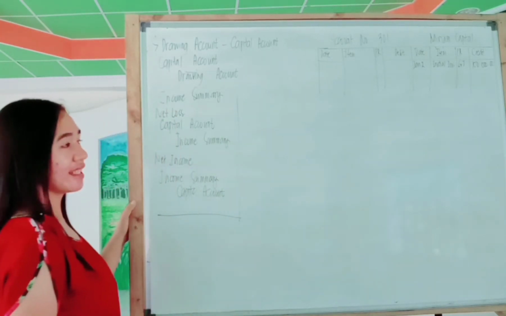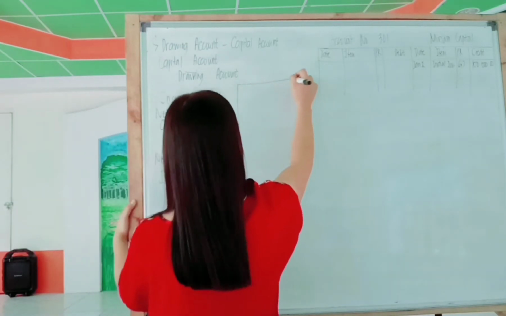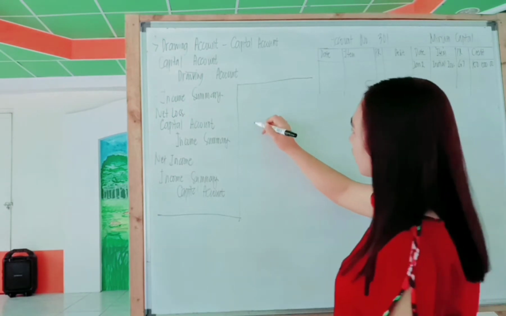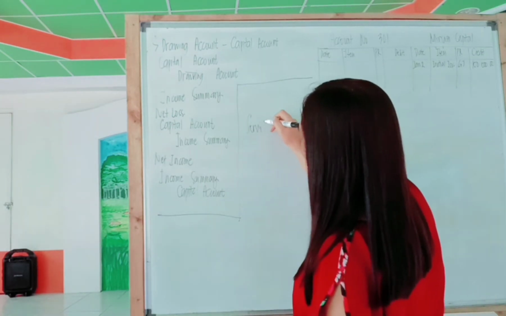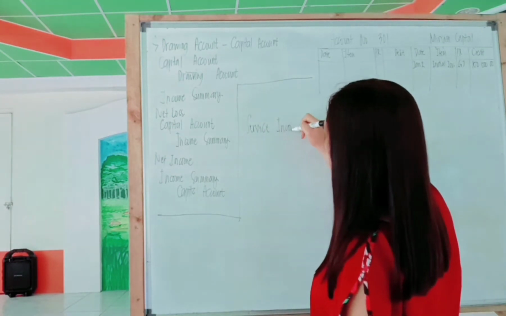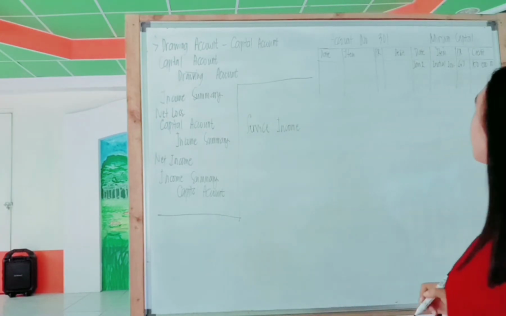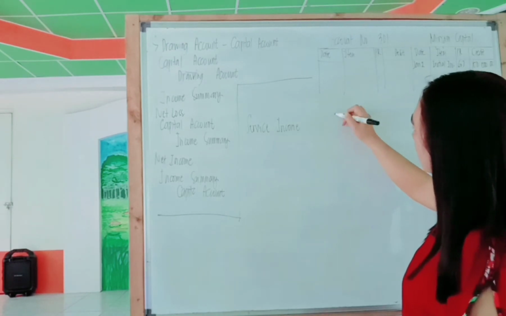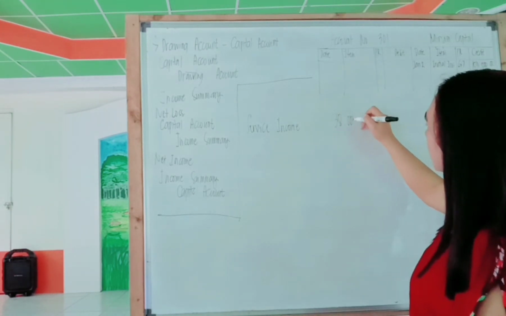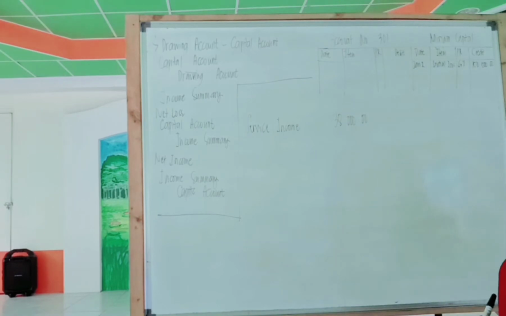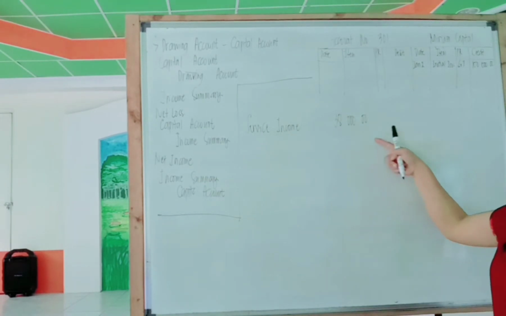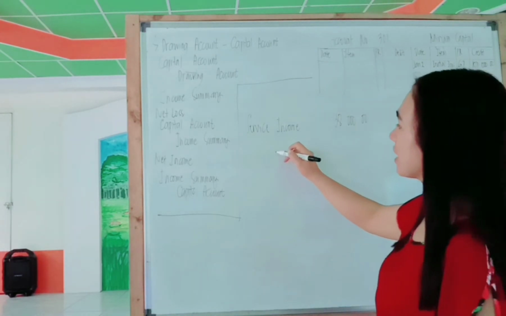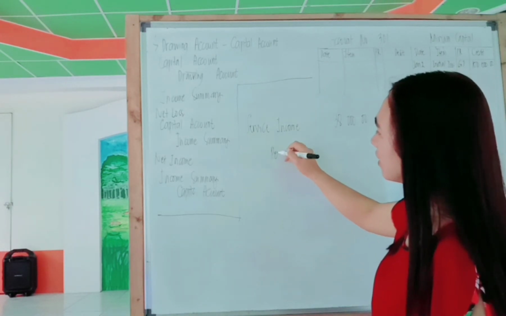ang closing entries natin will start sa service income. So, gagawin ko dito. Debit, service income. Magkano yung service income ni Miriam? You have 38,000 pesos. And then, mag-leave tayo ng space for income summary. And then, ibabawas natin yung expenses natin. Ano yung mga expenses natin?